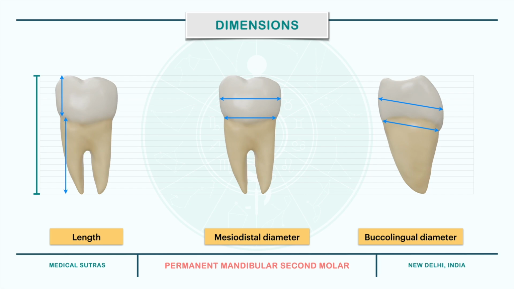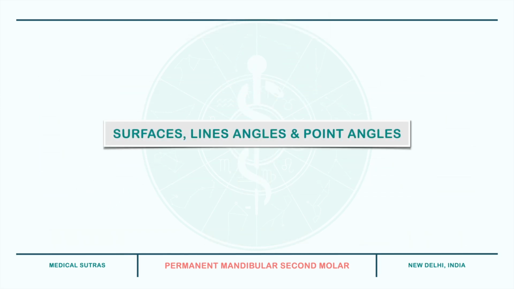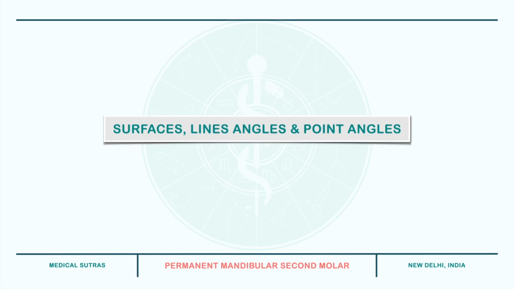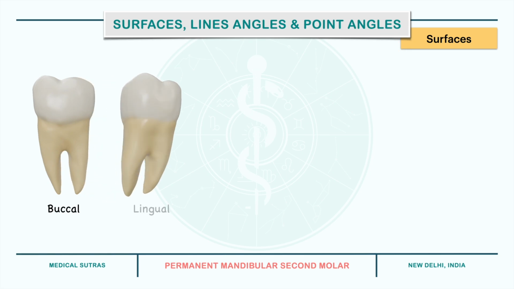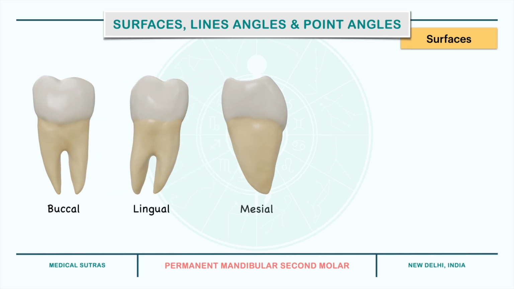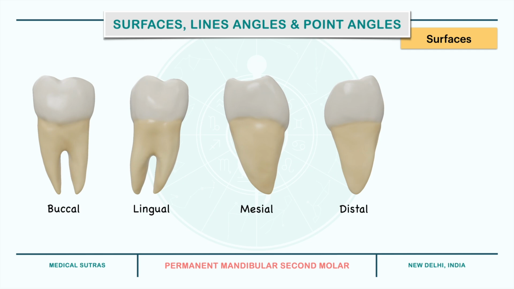Now let's understand the surfaces, line angles and point angles. Similar to other posterior teeth, the permanent mandibular second molar has 5 surfaces. These include the buccal surface, lingual surface, mesial surface, distal surface and the occlusal surface.